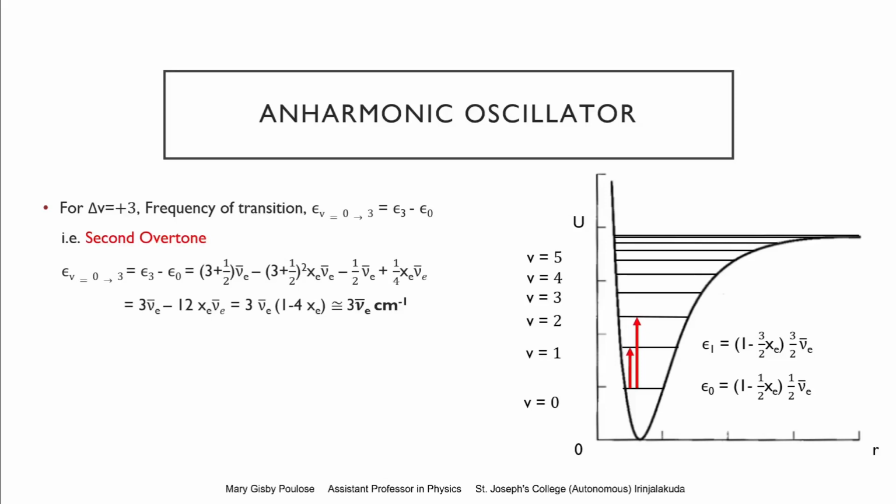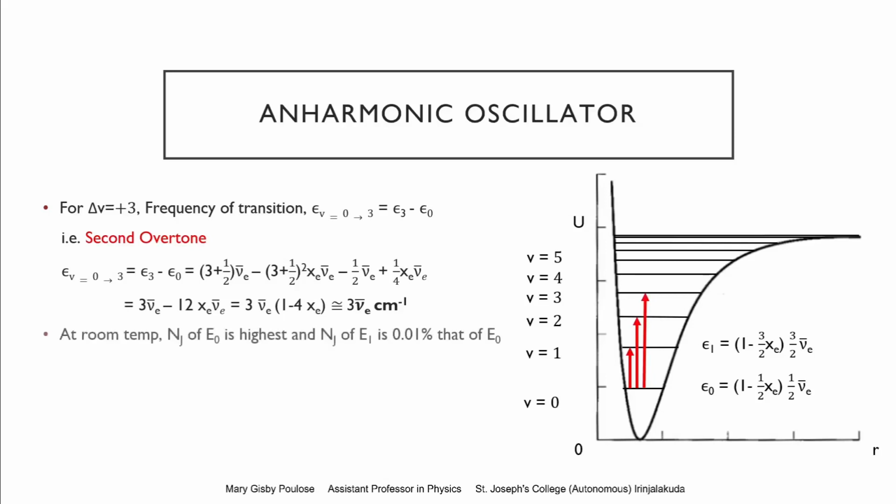This is equal to 3 nu E bar minus 12 Xe nu E bar. Taking 3 nu E bar common, we get 3 nu E bar into 1 minus 4 Xe. Neglecting the term for Xe, it can be approximated to 3 nu E bar centimeter inverse. And the transition is from V equals 0 to V equals 3.